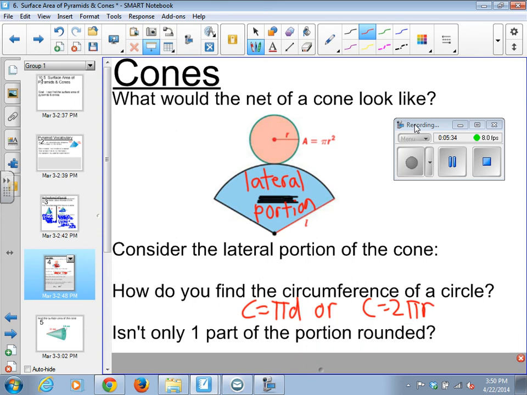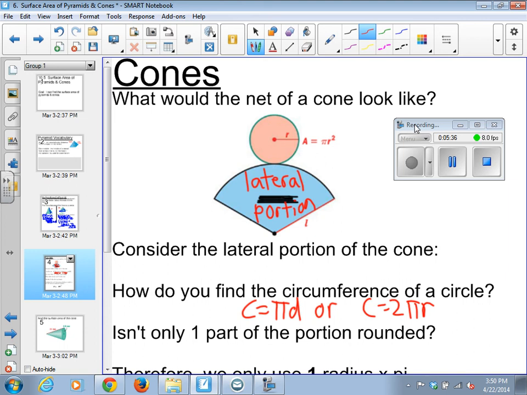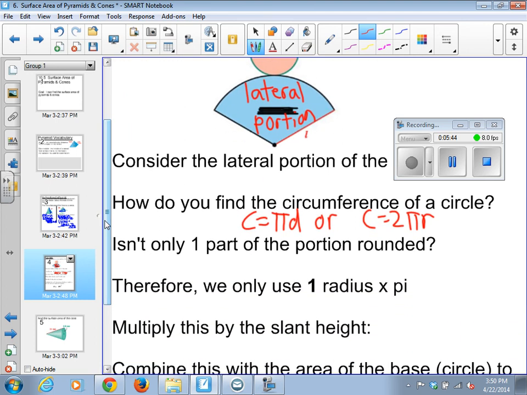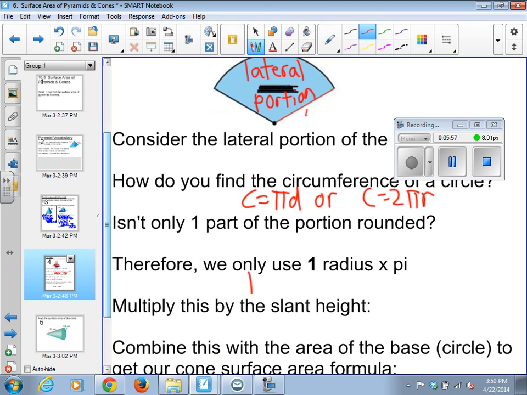Now we look at our shape, and we notice that only one part of that portion is rounded. So therefore, we only use one radius times pi. We know for cylinders it's 2 pi r. Only one radius times the pi. And we take this and multiply it by the slant height. So we just say pi r times our slant height, which is L.